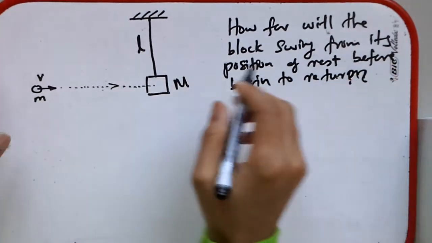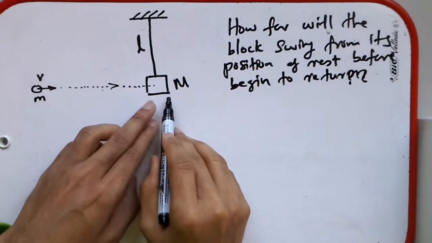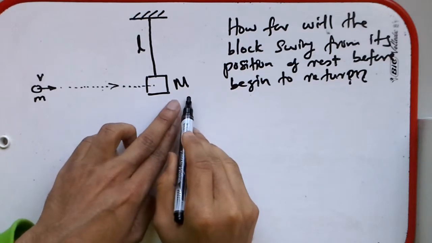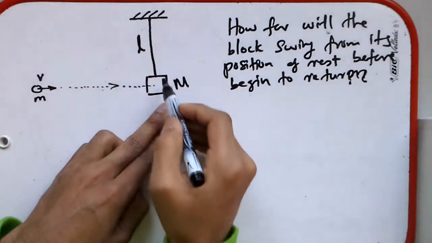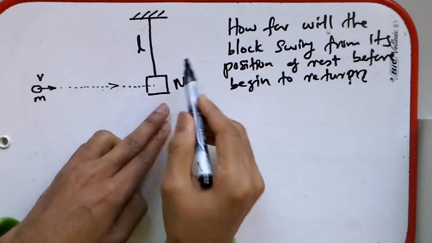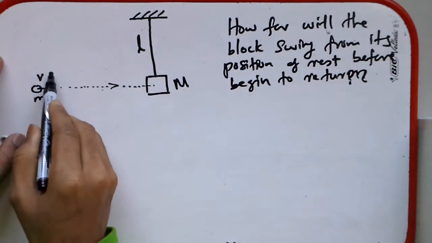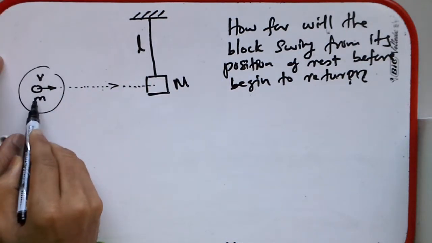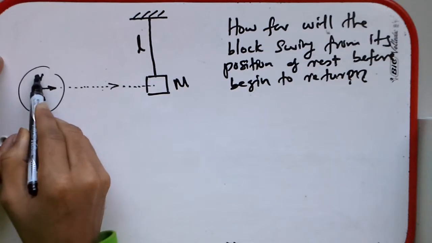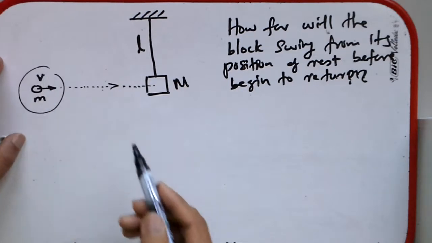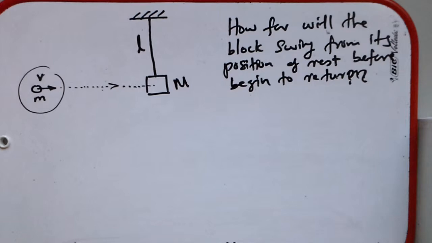So this time a block of big M is connected to a string and the length of the string is L, and from this side you fire a bullet of mass small m traveling with velocity small v. So this is our problem.